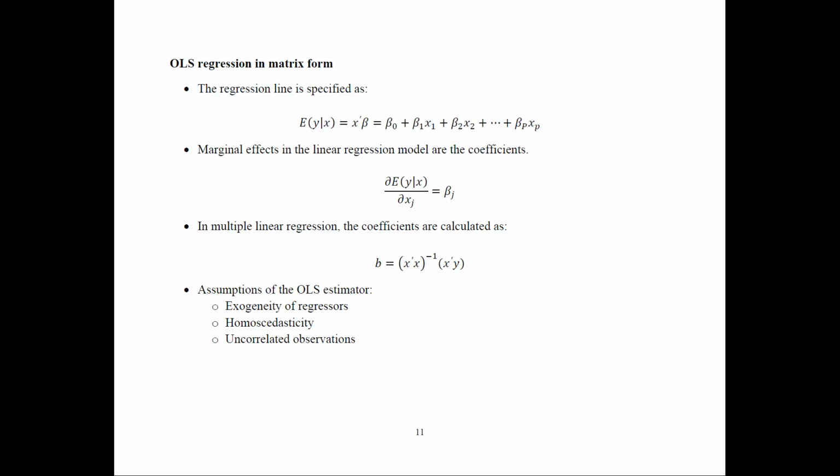We also assume homoscedasticity, which means constant variance, and that's a very important assumption. If we have heteroscedasticity, there are some other methods that we can use to correct for that. And we're assuming also uncorrelated observations, which means we don't have autocorrelation or something like that. So this is a very simple, plain vanilla kind of OLS model.